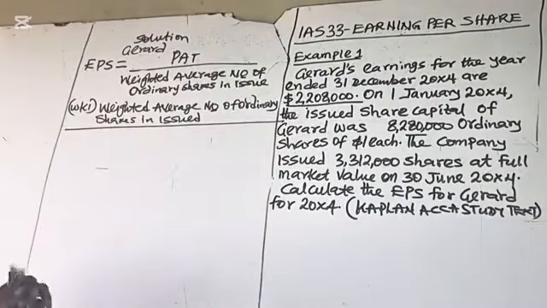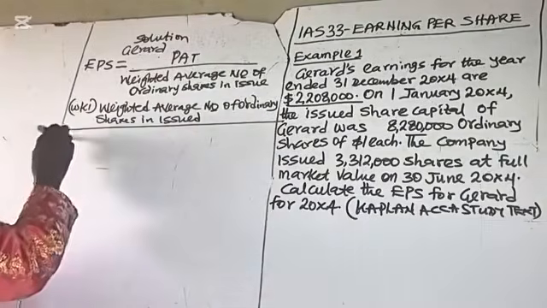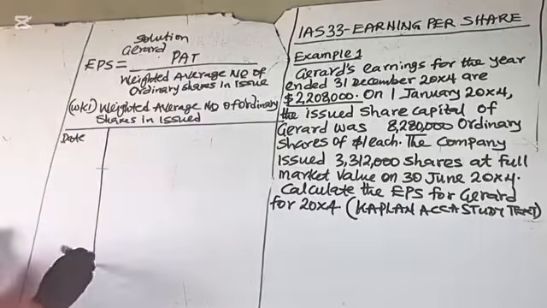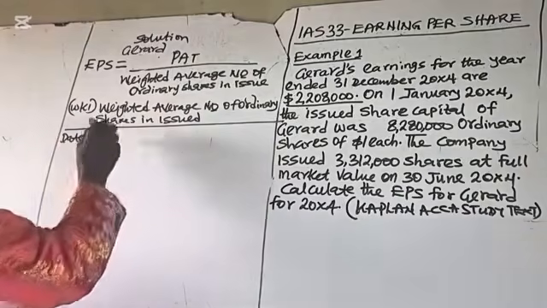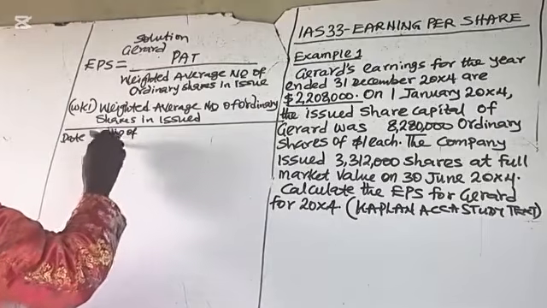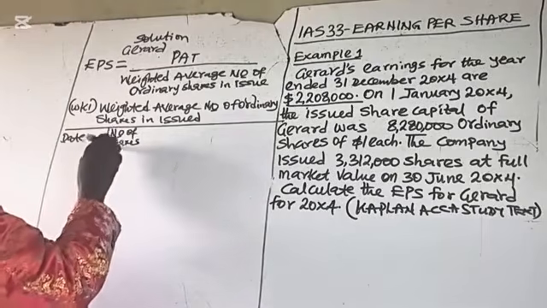I've told you you will have a column for date or period. Then we have the number of shares issued.